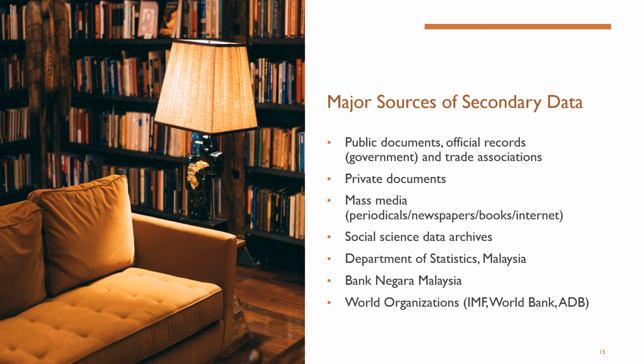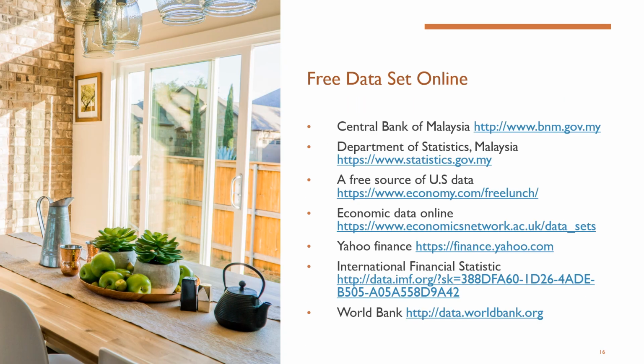There are also social science data archives, as well as data you can obtain from the Department of Statistics, the Central Bank, as well as world organizations. There are also numerous datasets that you can access online for free, such as Central Bank of Malaysia, Department of Statistics, a free source of US data, Economic Data Online, Yahoo Finance, International Financial Statistics, and World Bank.